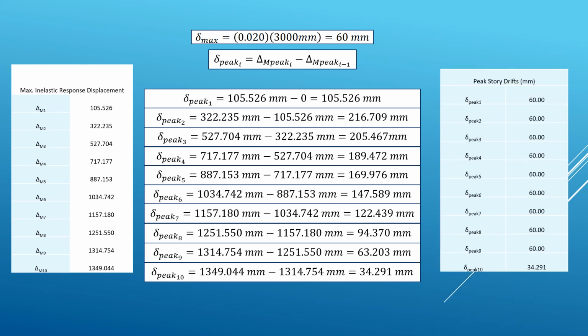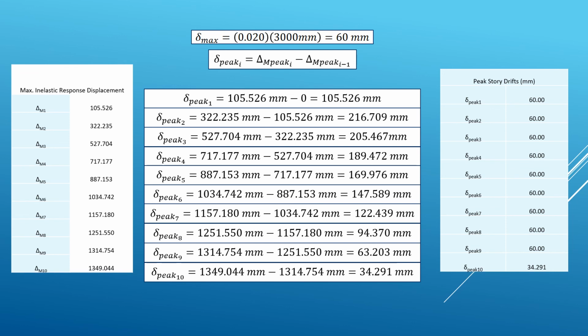So, since the value of drift peak 1 to 9 ay lumampas sa maximum drift peak na 60 mm, so gagawin natin siyang 60 mm.